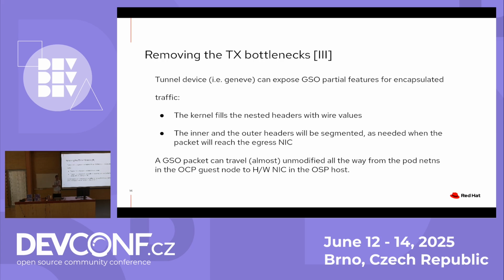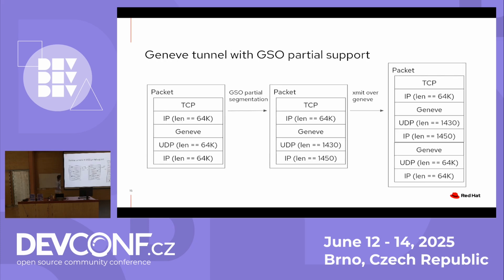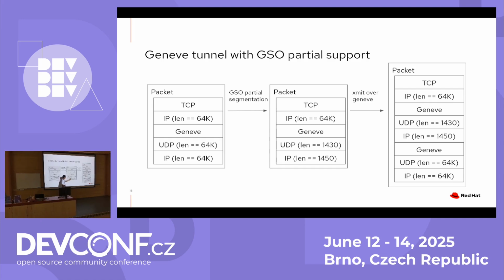So the outer Geneve UDP tunnel can expose this GSO partial feature, and the kernel will prepare the already encapsulated GSO packet, as we have just seen. Note that now the lengths are lower, because if the final egress device has still a 1500 bytes MTU, and we need to fit some more stuff in the packet, we need to reserve space for that stuff.